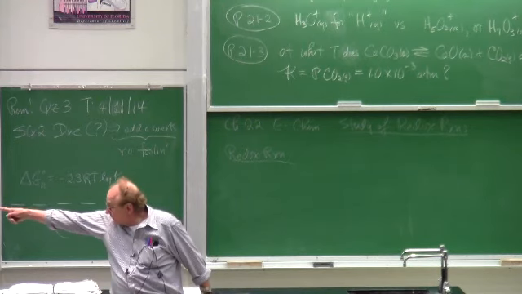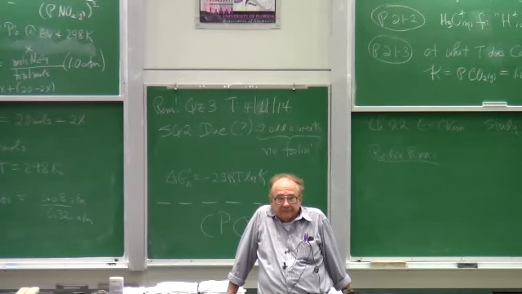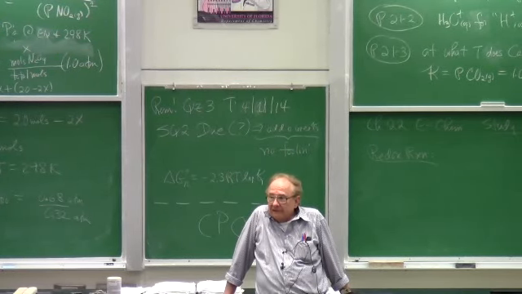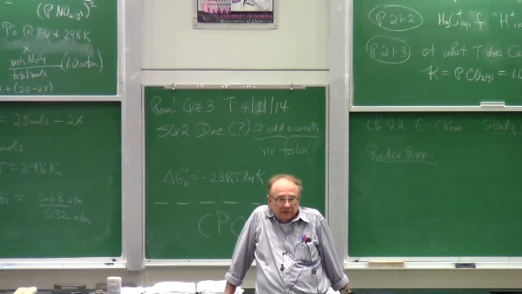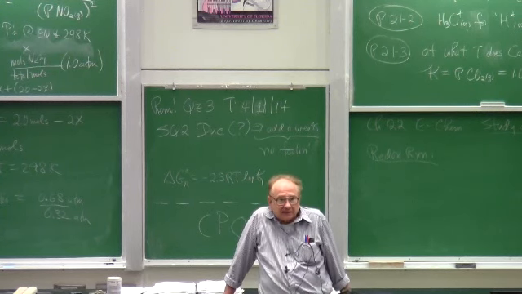So what's going to happen if I start with that system? I start with 1 mole of N2O4 and 2 moles of NO2. What will happen in this system? Is that system at equilibrium? No.